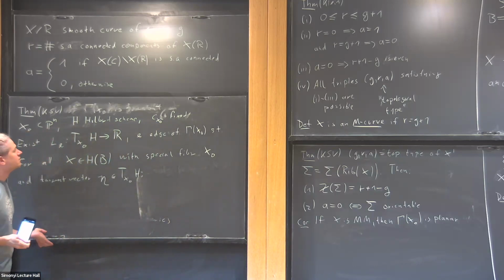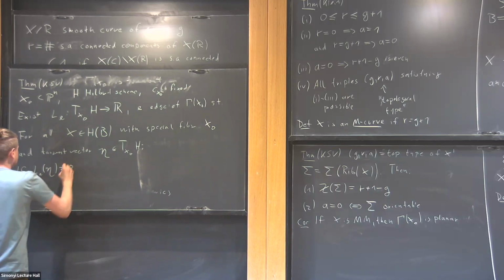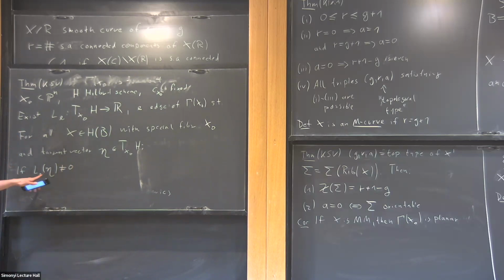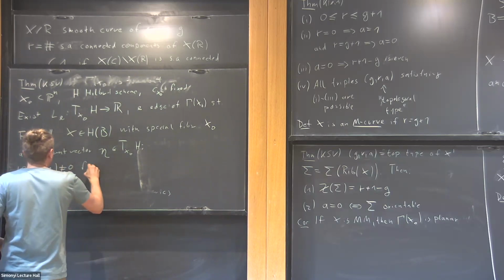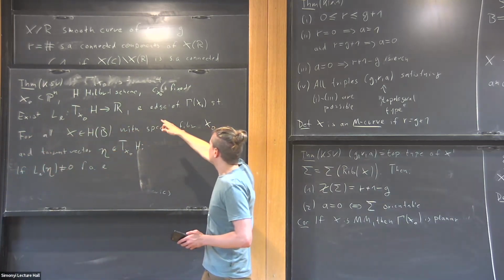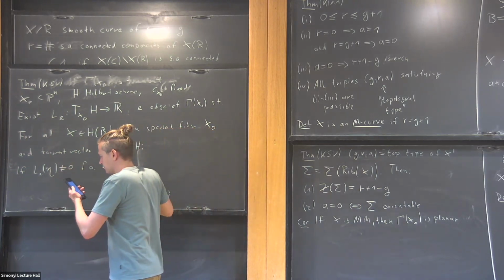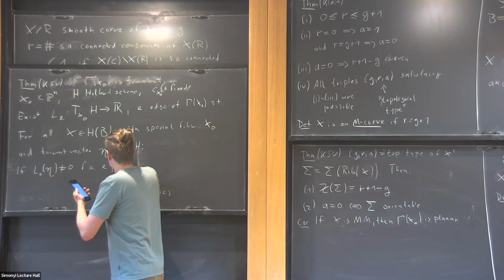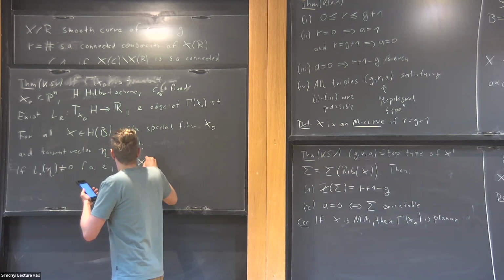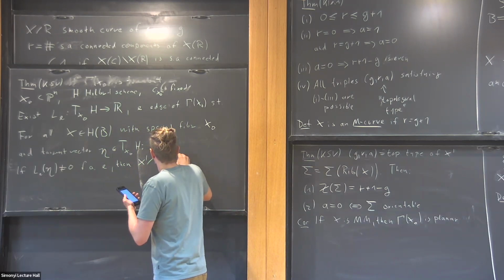Okay, and now the statement is, if this is non-zero, in fact if each of these linear forms is non-zero on this tangent vector, then the general fiber is smooth.